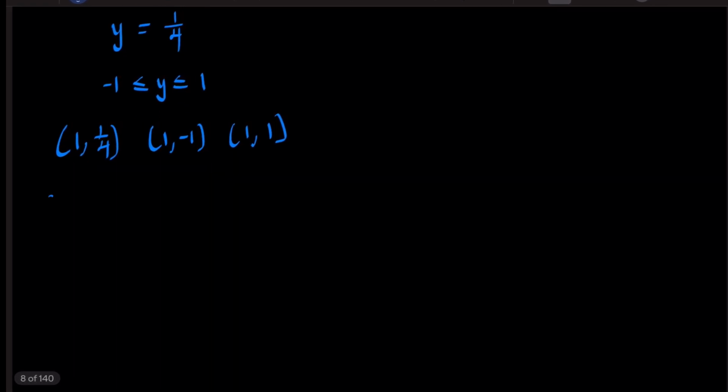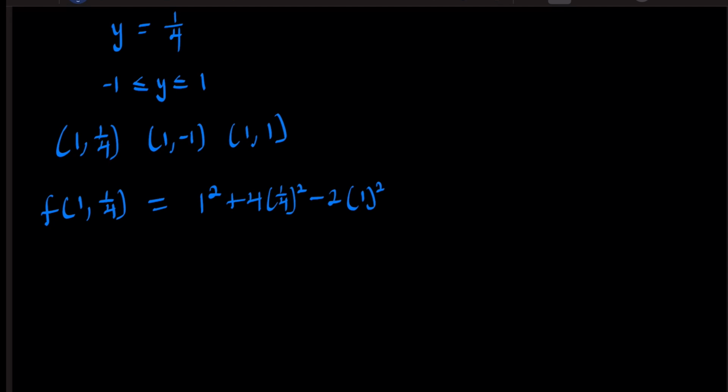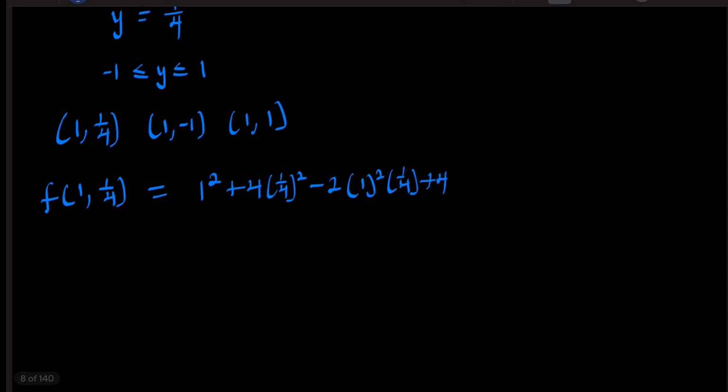So we are going to have f(1, 1/4) will be given as 1 squared plus 4(1/4) squared minus 2(1) squared(1/4) plus 4, and this will give us 19/4, which is the same as 4.75. So then we do for the rest of these points.